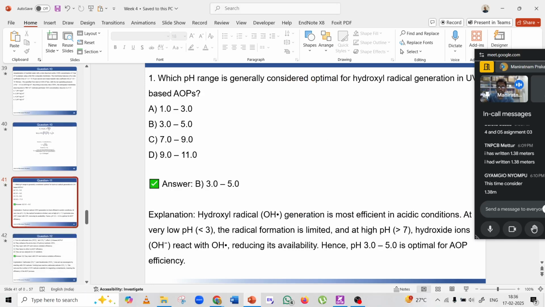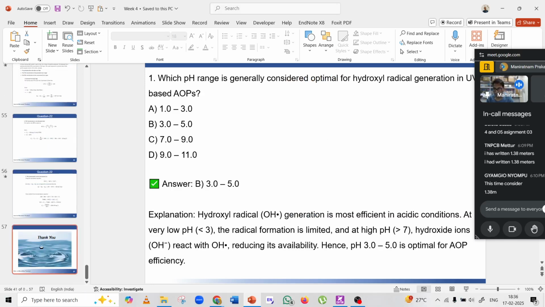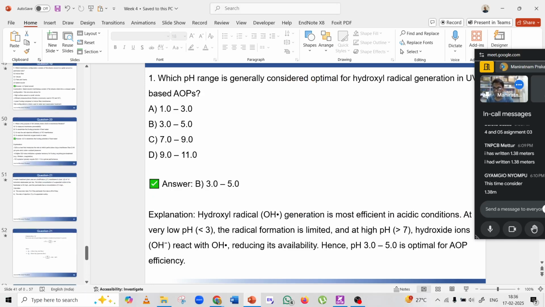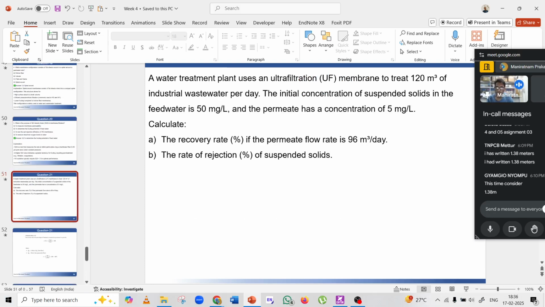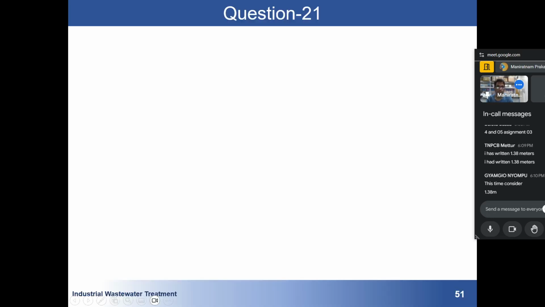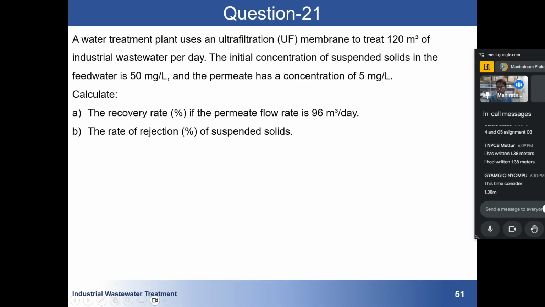Before discussing the objective questions, I will go to a numerical question. Numerical questions are more challenging, but the theory questions are very simple. Take 1 or 2 minutes and try to solve it.